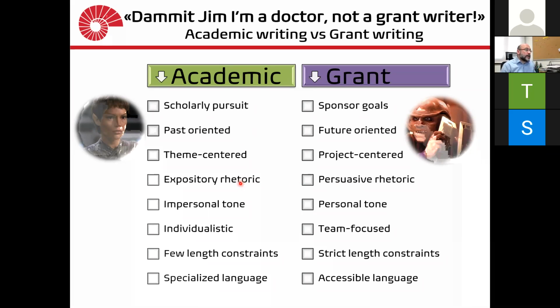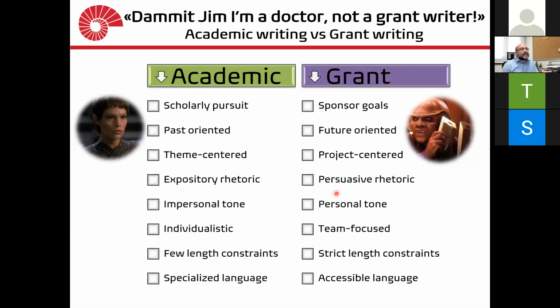For your academic writing, you have to employ an expository rhetoric. You are explaining stuff to the reader, using some scholarly rhetoric to do that. Whereas in a grant proposal, your rhetoric, yes, is again a rhetoric, but you are not explaining mostly.